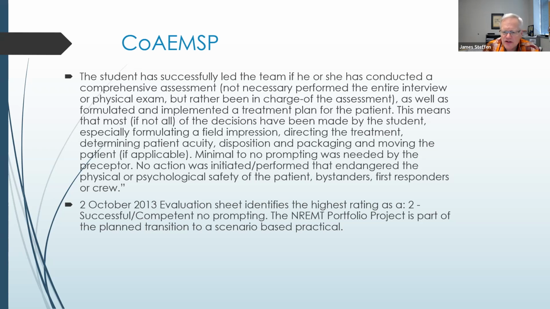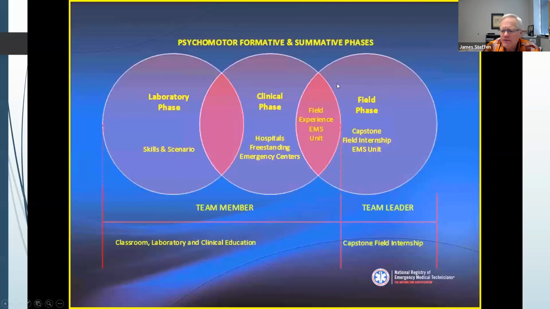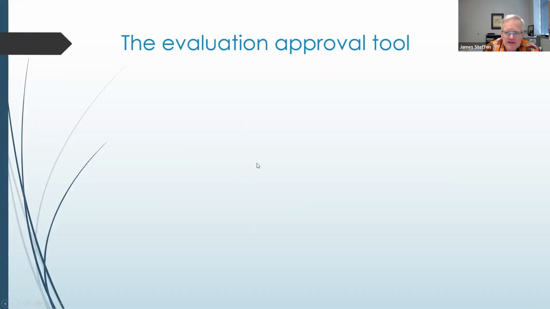Again, they don't know your protocols, so it would certainly be allowed to prompt on that, right? They're graded on a 0 to 3 scale, with 3 being successful, 2 being a successful evaluation, right? So this is just sort of a visual representation of those phases.